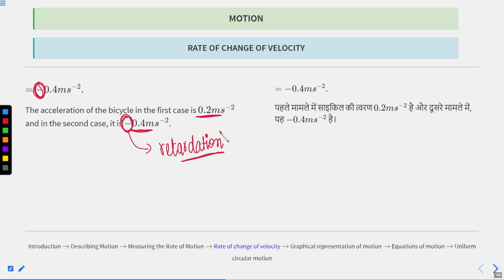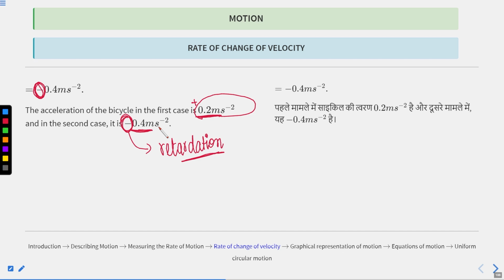A negative sign indicates retardation and a positive sign indicates acceleration. So in the first case, you got 0.2 with a positive sign, which means the bicycle is accelerating. And in the second case, you get the answer with a negative sign. It indicates that you have applied the brake or something to stop the motion.